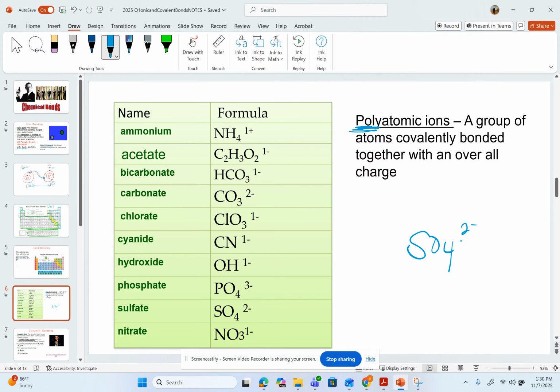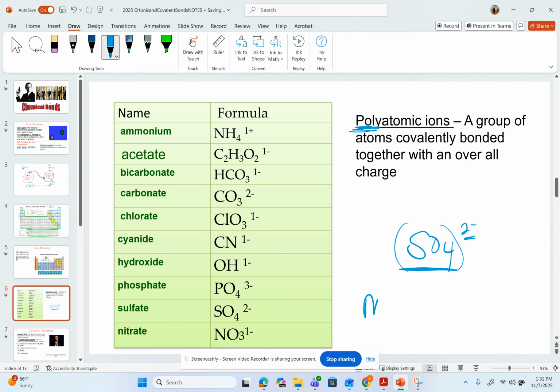So this group of atoms, which is a polyatomic ion we call sulfate, would want to gain 2 electrons to become stable, to make a stable compound.